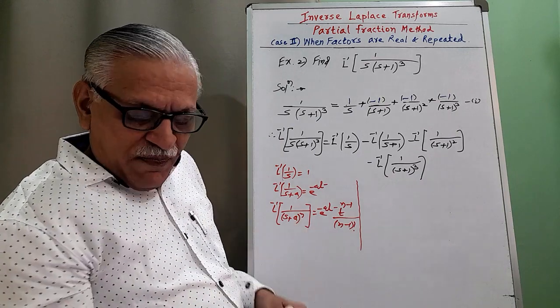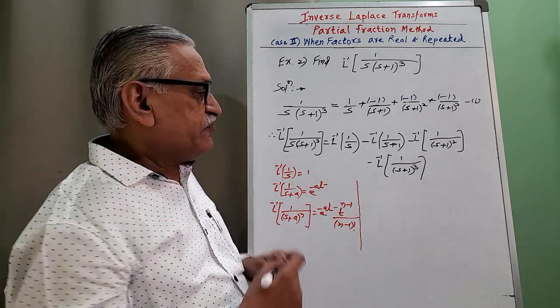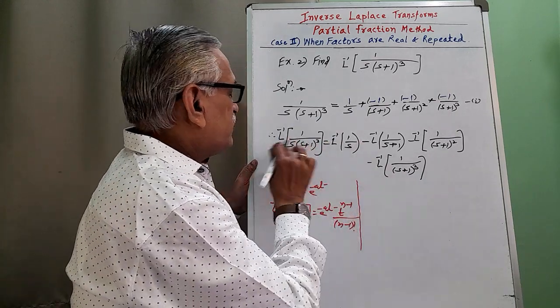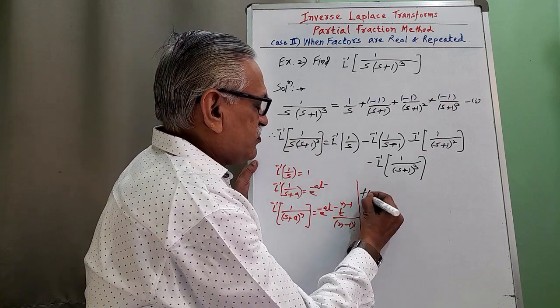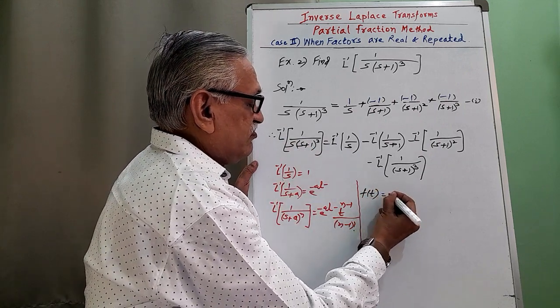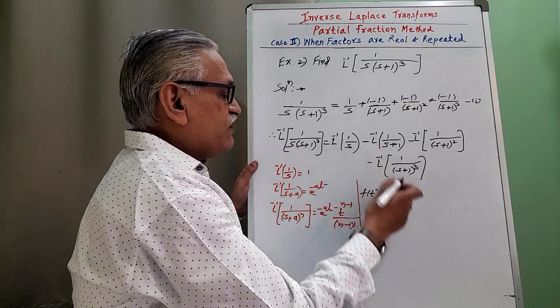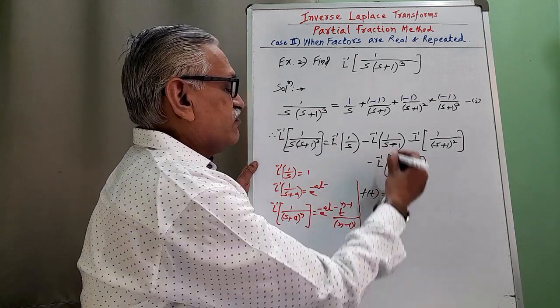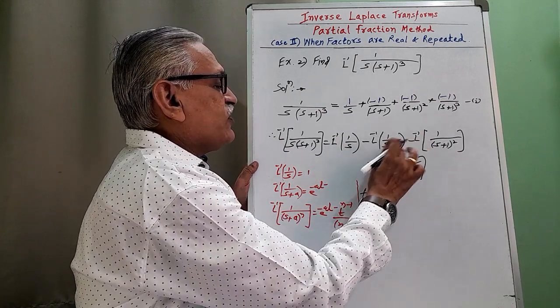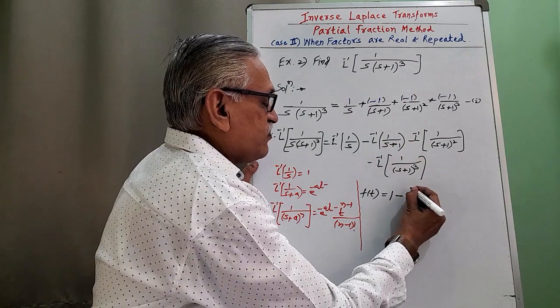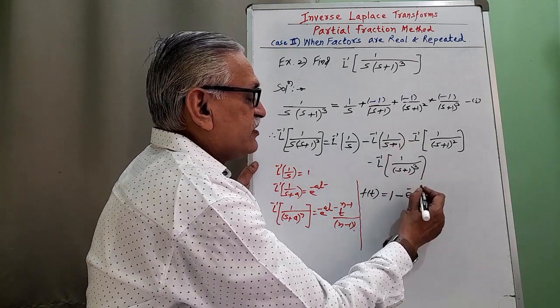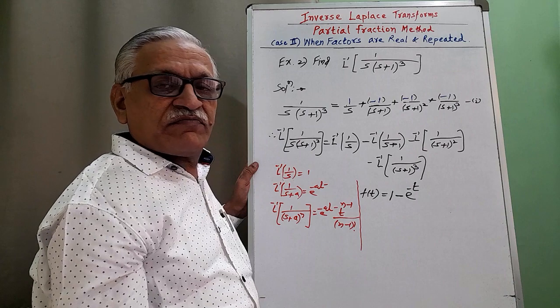And therefore, applying all these results, we get inverse of left hand side as f of t, suppose. Inverse of 1 by s is 1, minus inverse of 1 upon s plus 1 is e raised to minus at. A is here 1, therefore it is e raised to minus t.